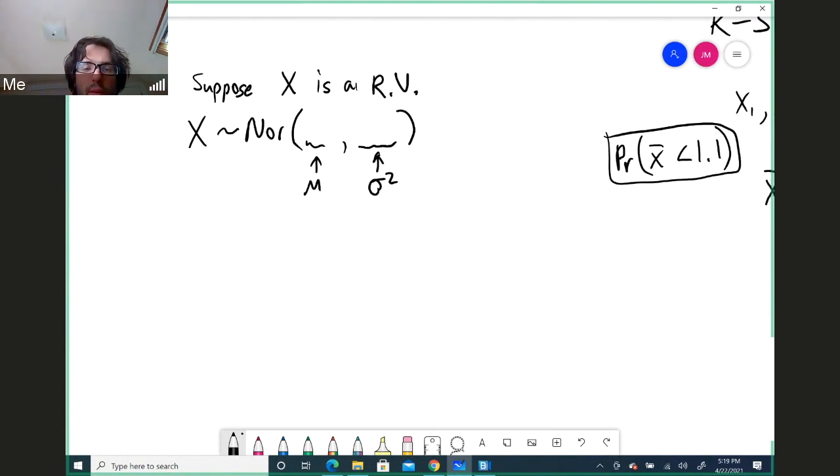Whether it's 5 or 10, this is the variance of this normal. So we're saying that x is distributed according to a normal distribution, and that normal distribution has, by definition, some mean mu and some variance sigma squared. That's the basic thing.